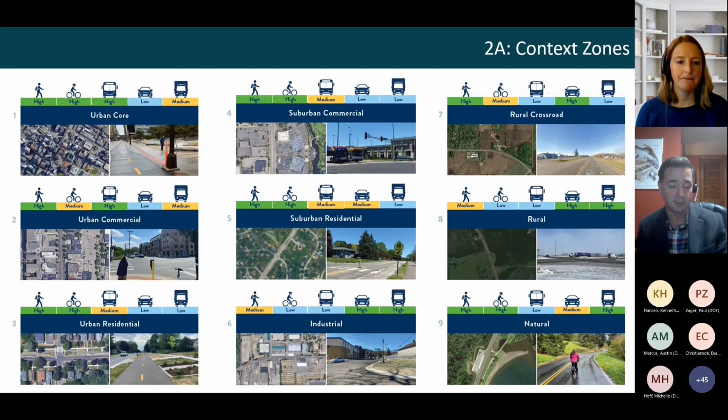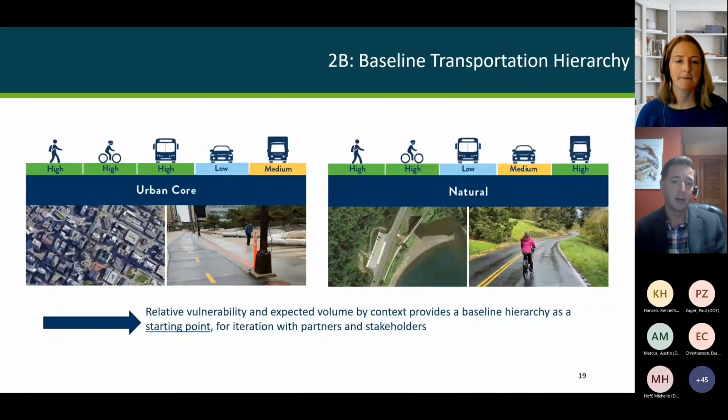Next slide, please. So this is just zooming in a little bit more on what that looks like. For instance, if you have an urban core, you can see each of the modes. In an urban core context type, we would expect high priority for pedestrians, high for bicycles, high for transit. It's lower for automobiles and higher for freight.